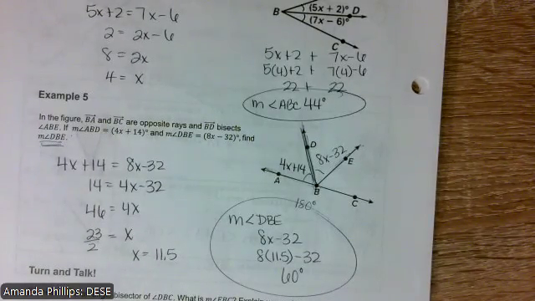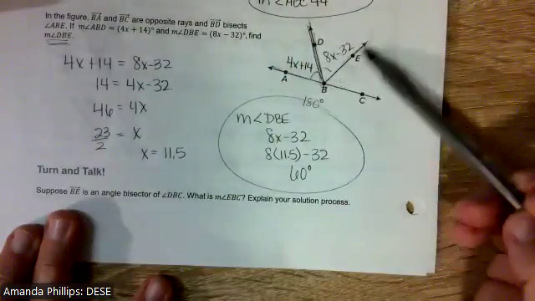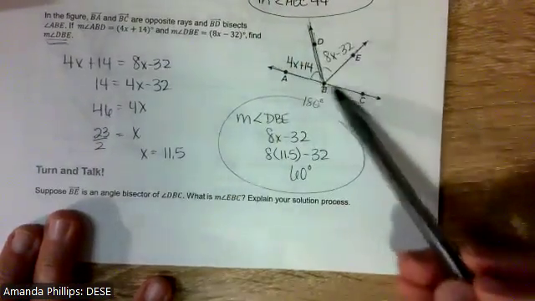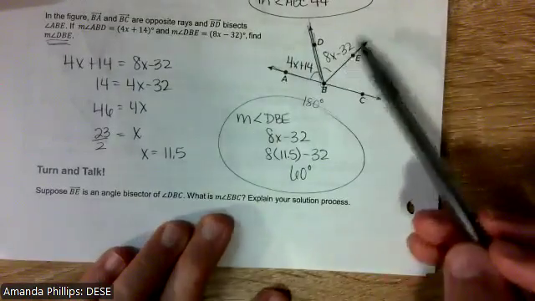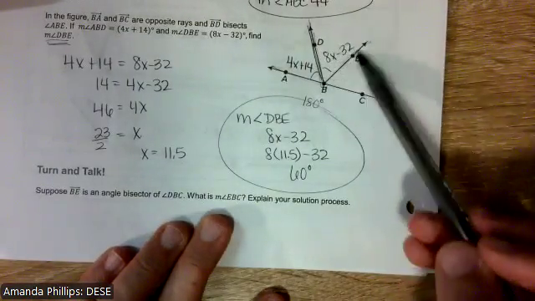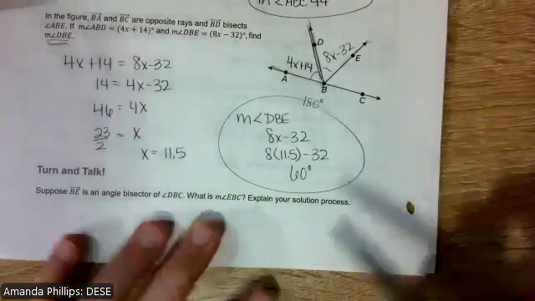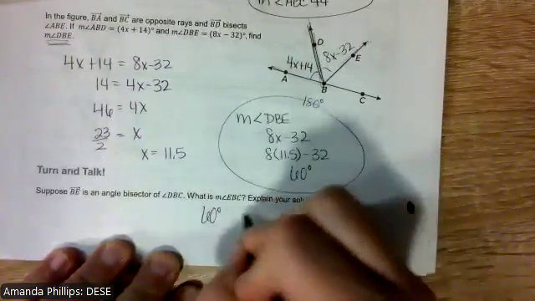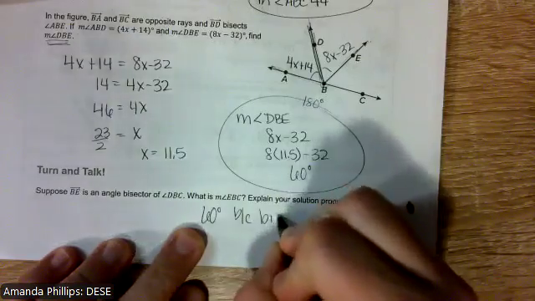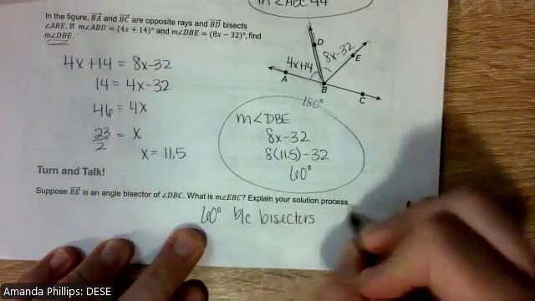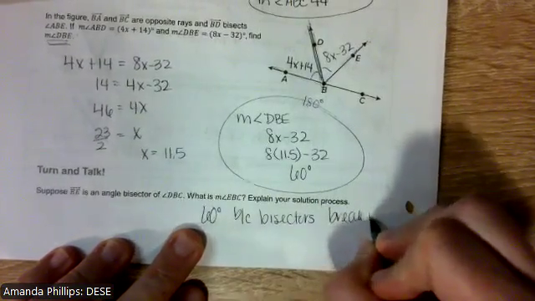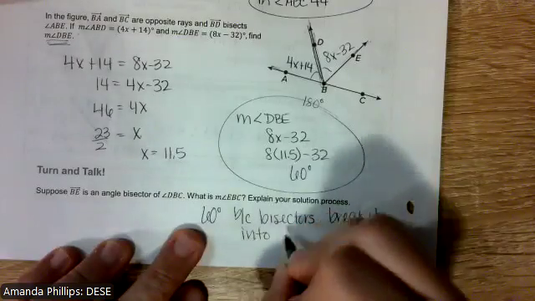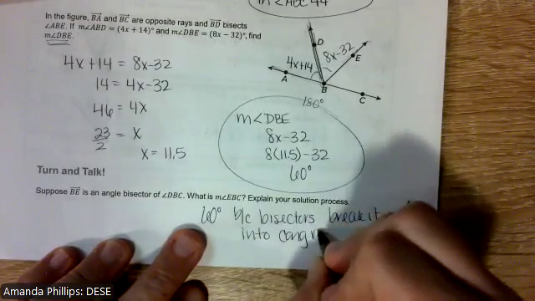Okay? All right. So if we knew that BE is the angle bisector of DBC, and we know that this one is 60 degrees, what's this one? Well, it would also be 60 degrees because bisecting breaks it into congruent pieces. Okay.